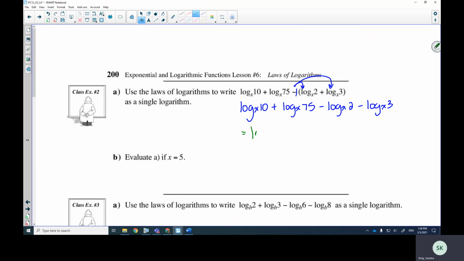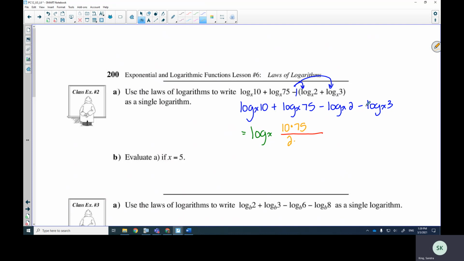This is equal to log base x of, draw your fraction bar, and you say to yourself, this log here is a positive log. The argument goes on top. So the 10 goes on top. It goes in the numerator. 75 also goes in the numerator because the log is positive. This log is a negative log. So that 2 goes in the denominator.